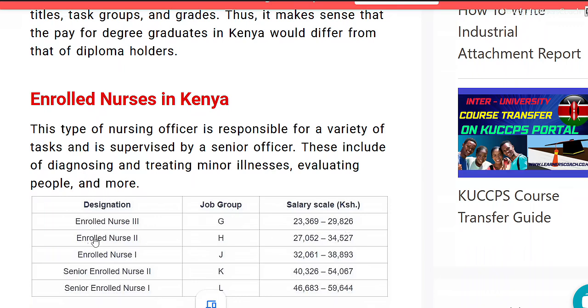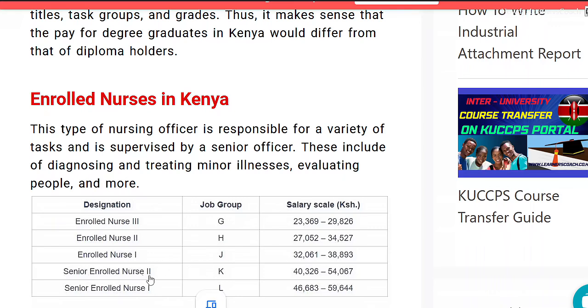Enrolled nurse 2, which falls under job group H, earns higher than enrolled nurse 3, between 27,000 to 34,000 Kenya shillings. Enrolled nurse 1, job group J, earns between 32,000 to 38,000.